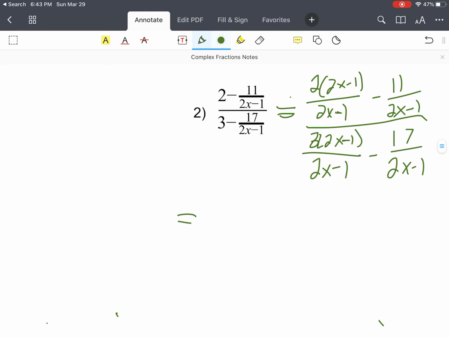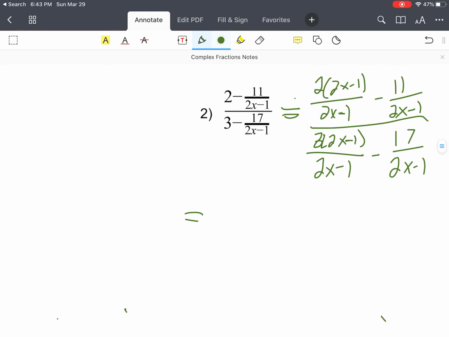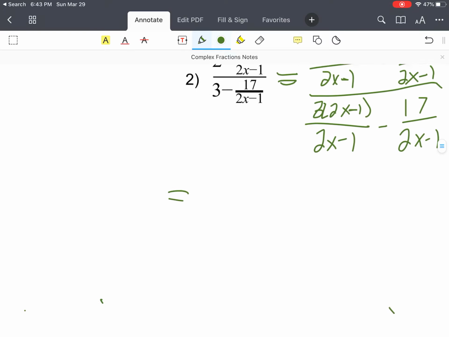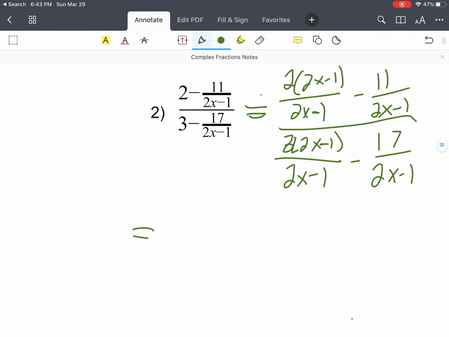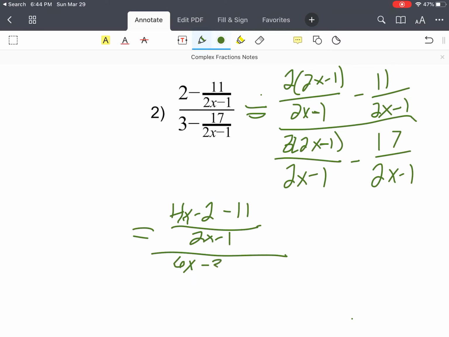So on top there, I'm going to have 4x minus 2 minus 11, all over 2x minus 1, all over 6x minus 3 minus 17, all over 2x minus 1.